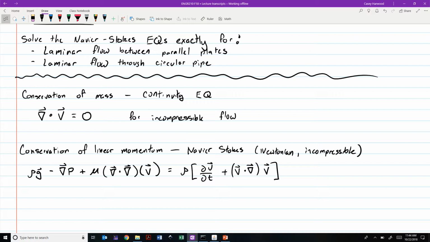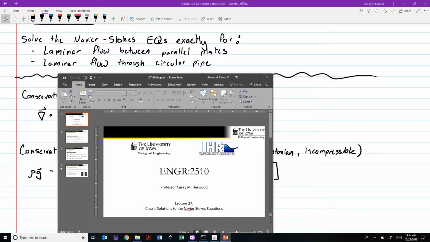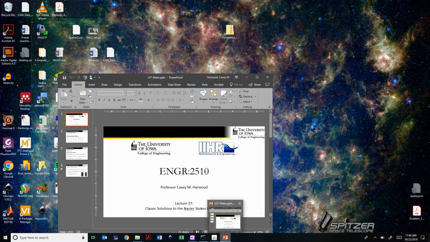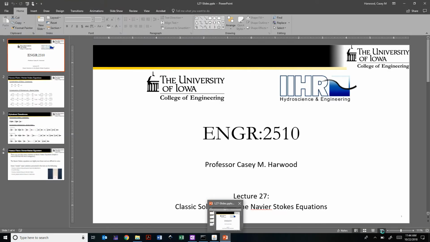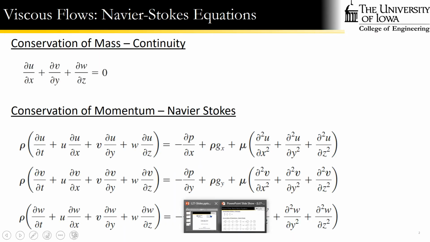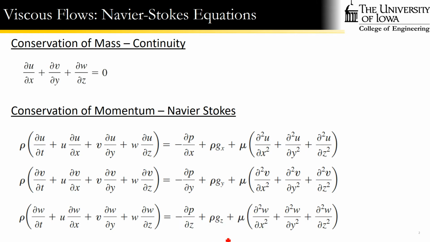Okay, so I've written this in vector form because the idea with vector form is we can apply this to whatever coordinate system we choose. In general, we'll work in one of two different coordinate systems. The first being Cartesian coordinates, and these slides will be put online, so don't worry about copying this down exactly right now.